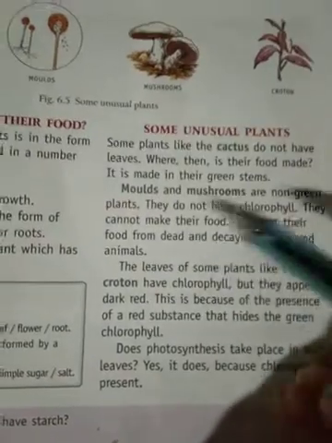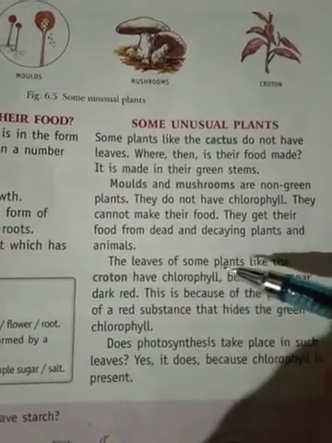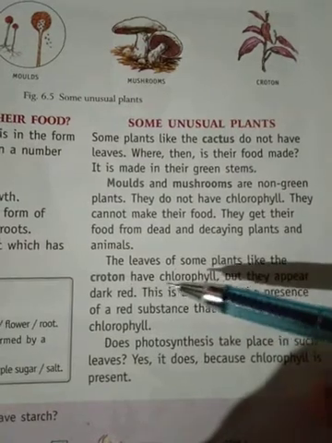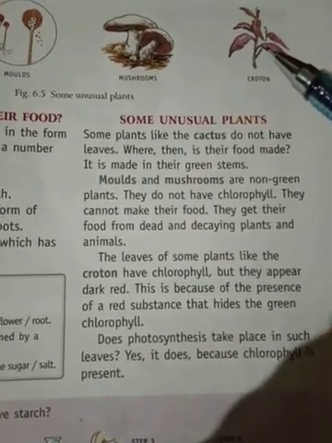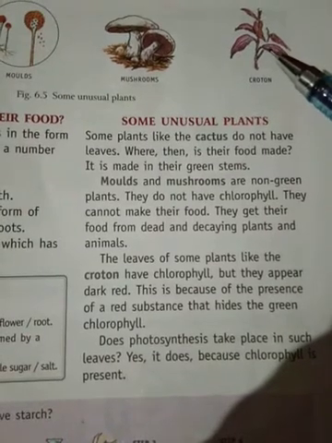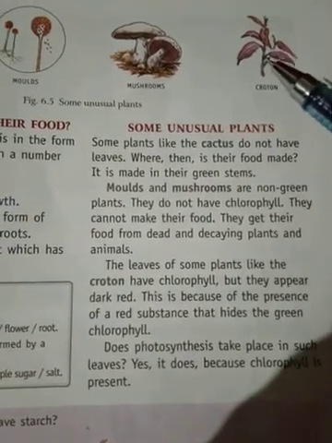Understood? Now the leaves of some plants like the croton have chlorophyll. These types of leaves also have chlorophyll, but they look red in color.